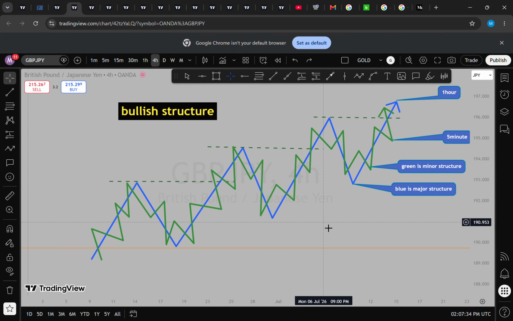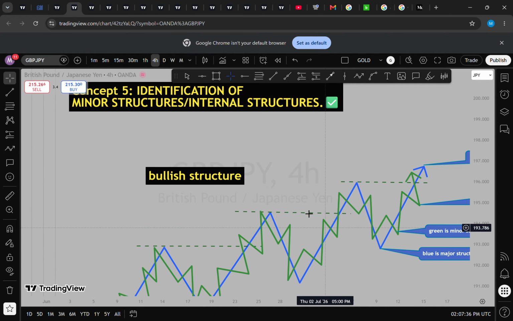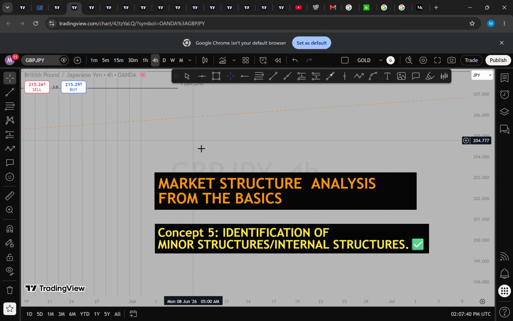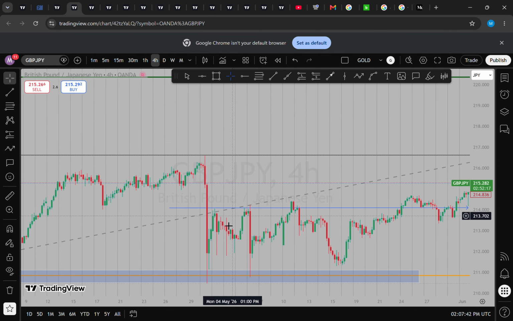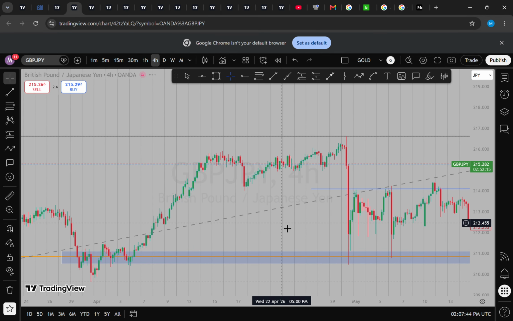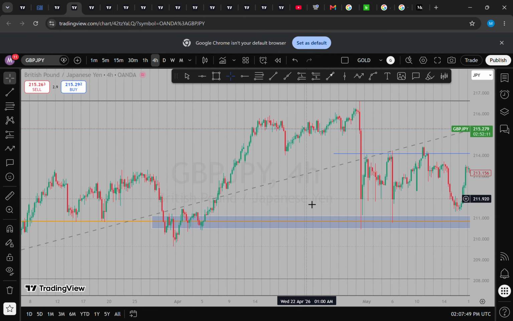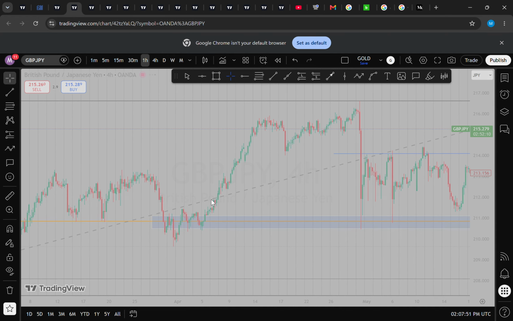Without wasting our time, let's dive into major range charts now. This is GJ. Let's go to 1 hour.